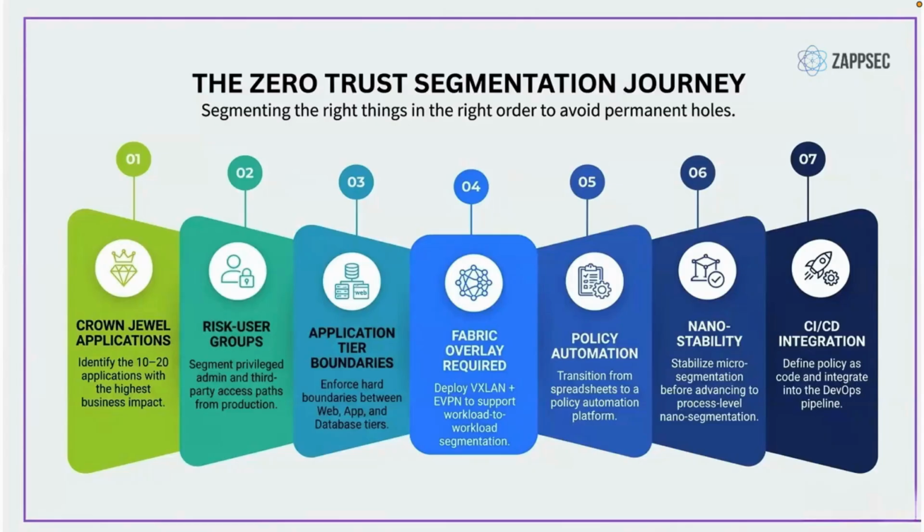Identify these first, map their data flow, and then segment them before touching anything else. This is your highest security ROI per policy rule written. One policy that protects your patient records database is worth more than 50 policies around your internal wiki. Absolutely, yeah.